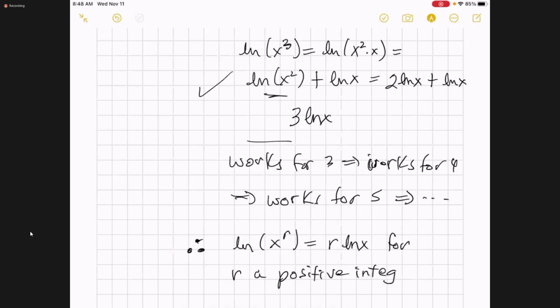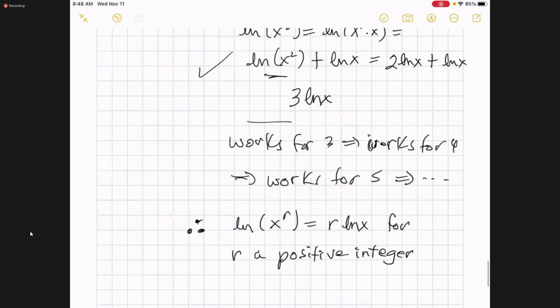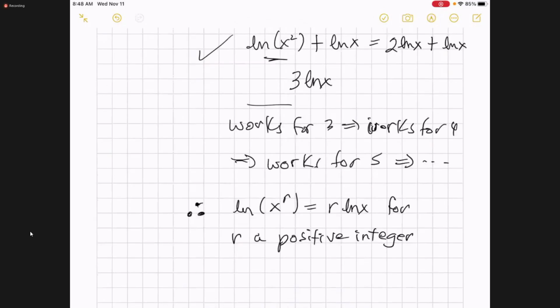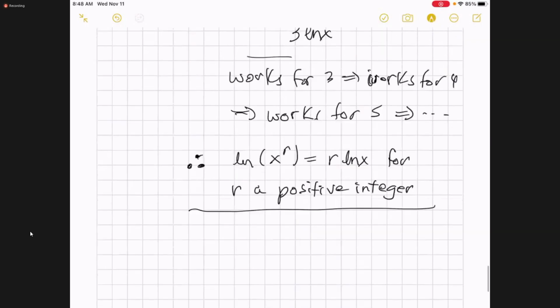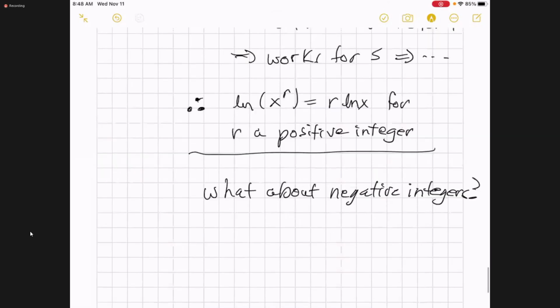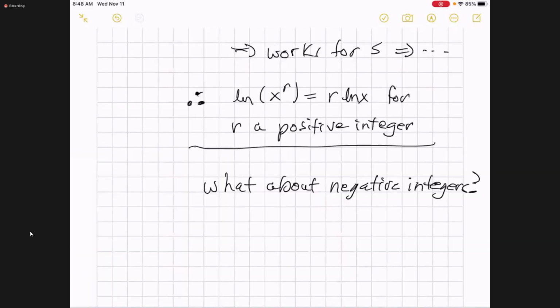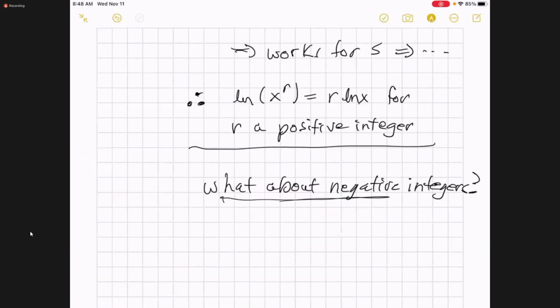So I'm still pretty far away from doing all the rationals. What about the negative integers? They're rational numbers too. Well, in fact, this is actually going to hinge on one thing.